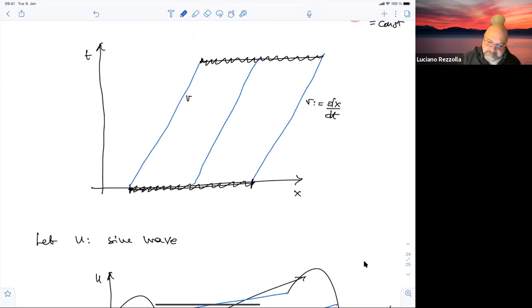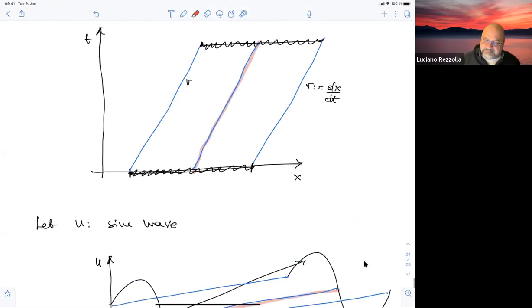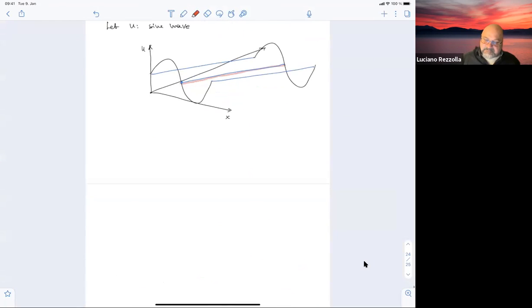Maybe I highlight with different colors the different pieces. This is the central part of my solution. So a linear hyperbolic equation is easy to understand.